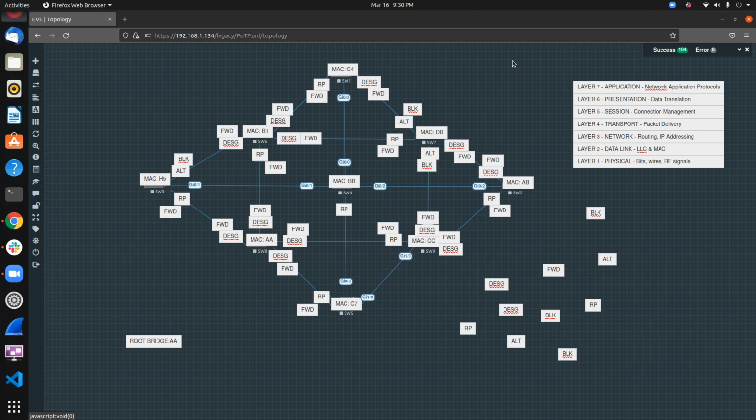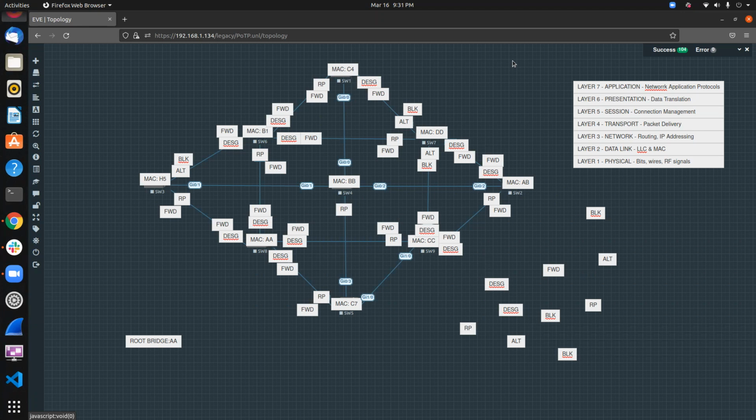Sitting in the middle of that is AA. So that's your root bridge. That's not going to change. Perfect. Yeah, your root bridge.